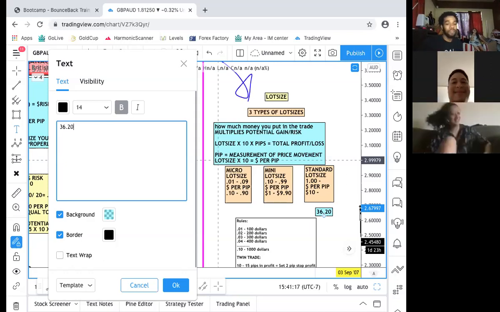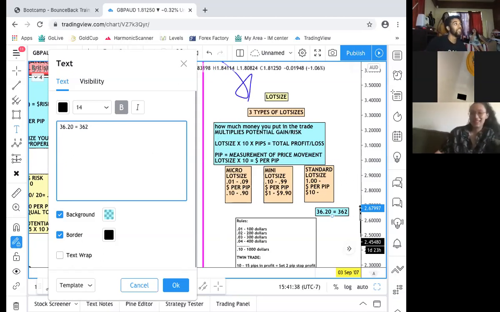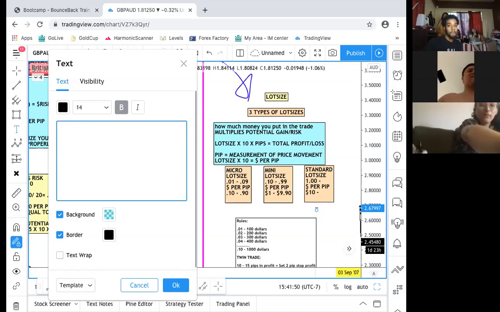So if we're making $362 per pip, what if we catch a trade for 10 pips? How much are we gonna make from that trade? $3,620. Oh my gosh! If we raise that, move 10 pips, how much is that? Perfect.